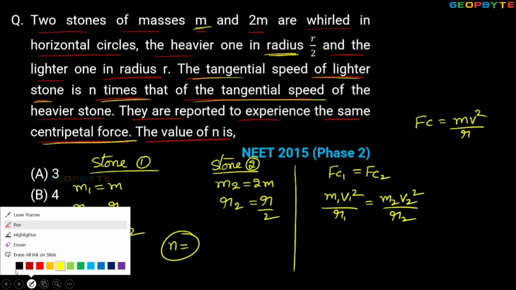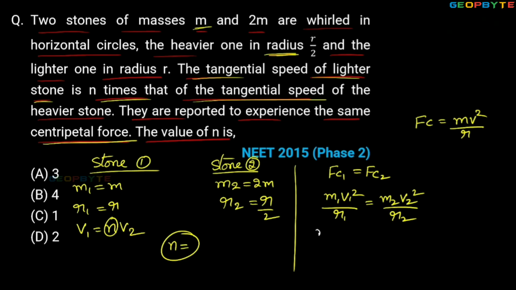Now let us substitute the values. m1 equal to m, v1 equal to n v2 whole square, divided by r1 which is r, equal to m2 which is 2m, v2 square, divided by r2 equal to r by 2.